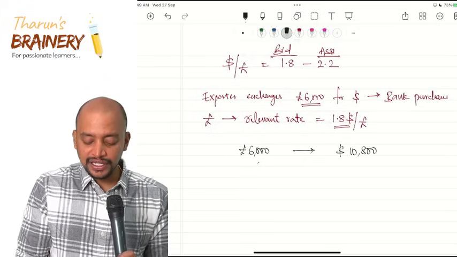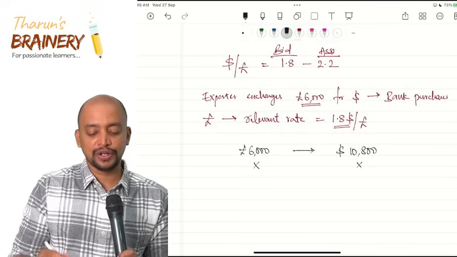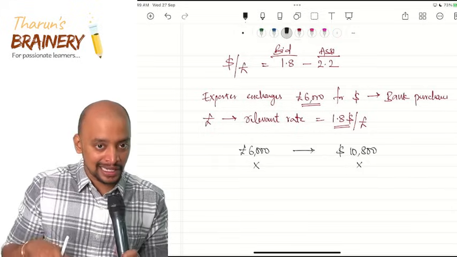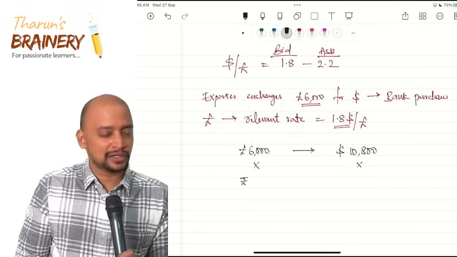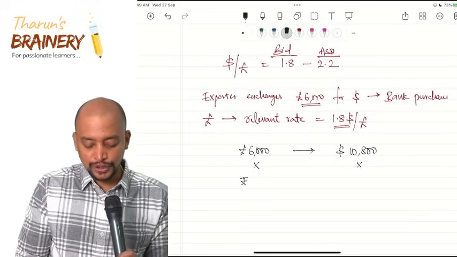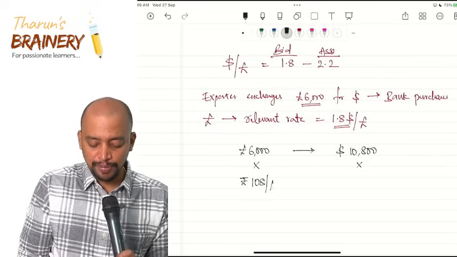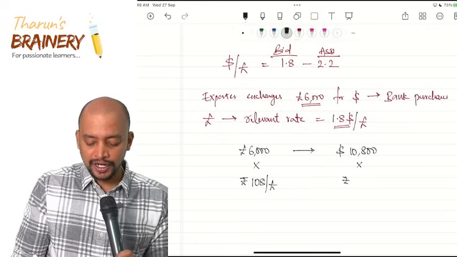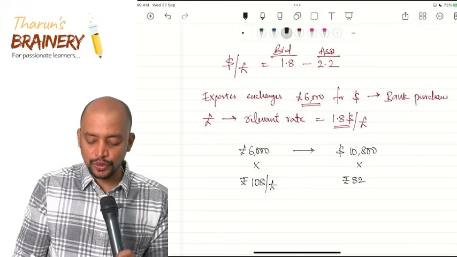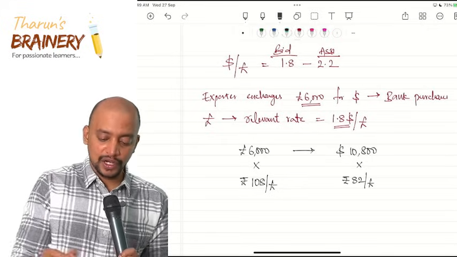Now convert both into Indian rupees using the RBI reference rate, because this transaction is happening in India. The exchange rate is rupee per dollar, the RBI reference rate. Assuming 108 rupees per pound as the RBI reference rate for the pound, and for the dollar say it is 82 rupees per dollar.